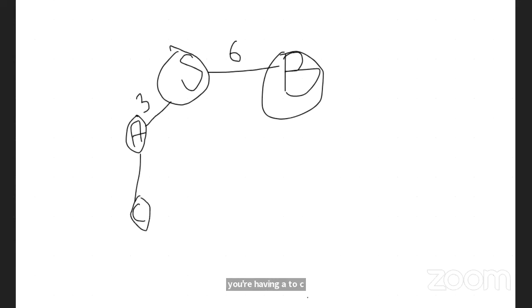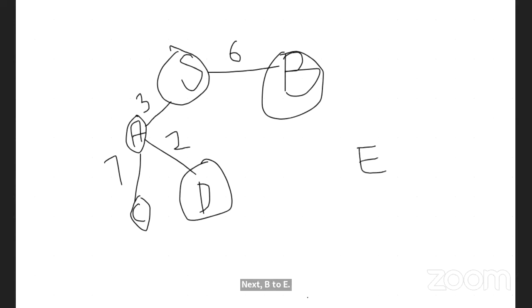Next, A to D. Please take down this problem. A to D, the cost is 2. Next, B to E, the cost is 6.